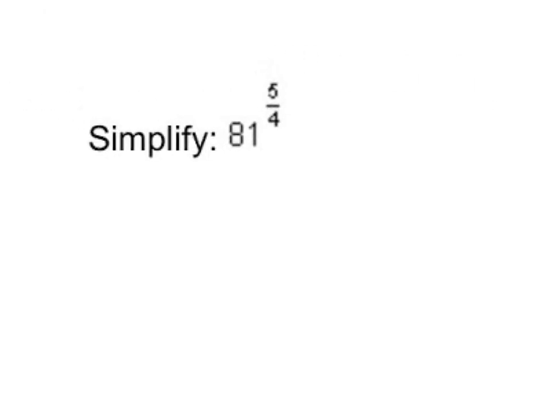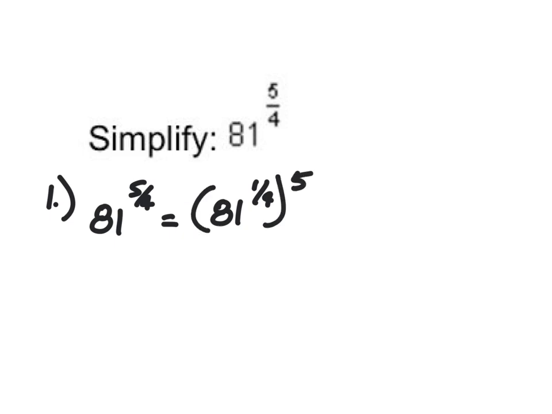Here, we want to simplify that. We have that same problem, and we could do this two different ways. I'll do it both ways. The first way, I'm going to do 81 to the 5/4, and rewrite that as 81 to the 1/4 power, and then raise it to the 5th power. That's the 4th root of 81, and then we raise it to the 5th power.